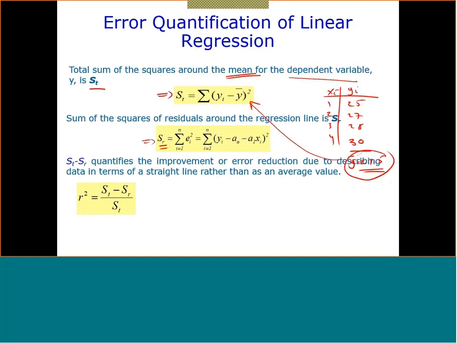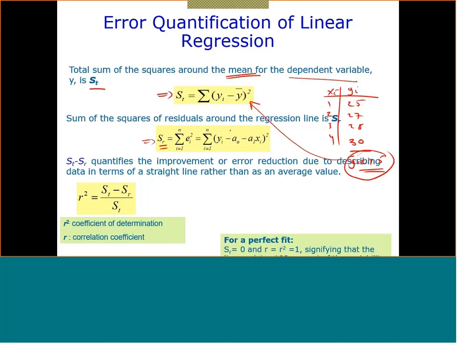is equal to 0, it means R square is equal to 1, and this is the best fit that you can ever have. If ST and SR are exactly the same thing, it means that this is really, really bad. This is called the coefficient of determination, and R is the correlation coefficient.